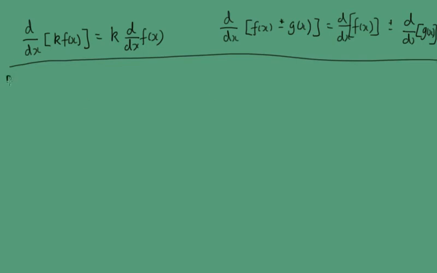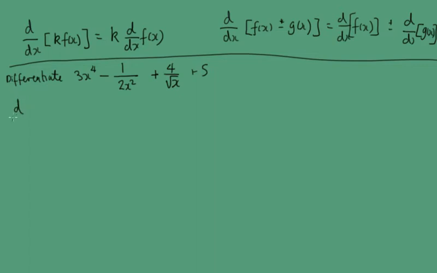So we're going to differentiate 3x to the power 4 minus 1 over 2x squared plus 4 over the square root of x plus 5 with respect to x. Now this is actually like what we have here. We can think of each one of the parts of this function as little functions all added together.